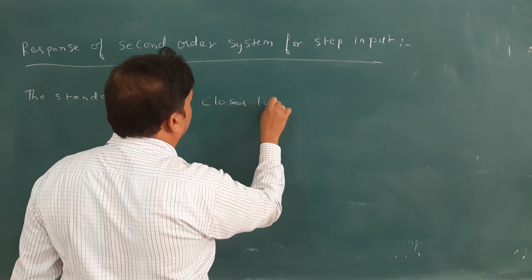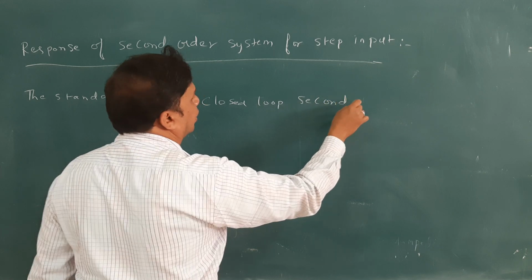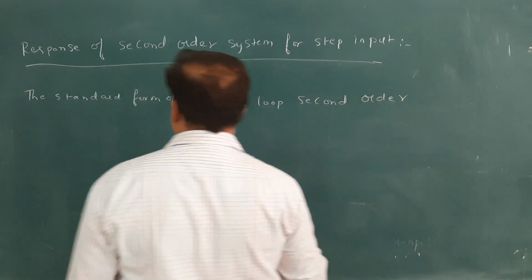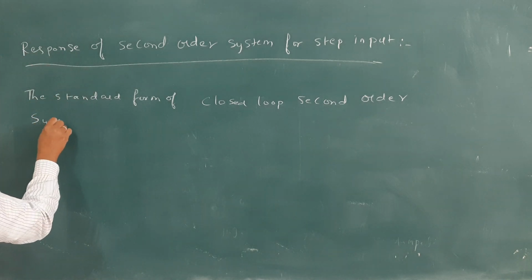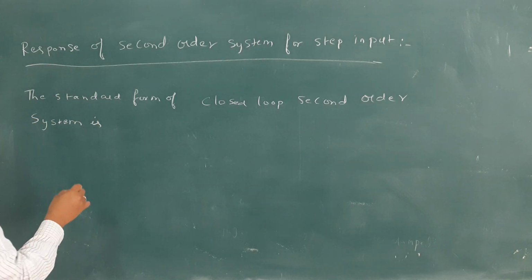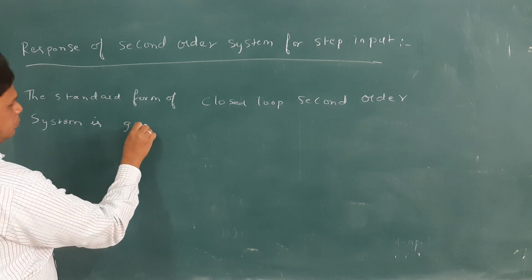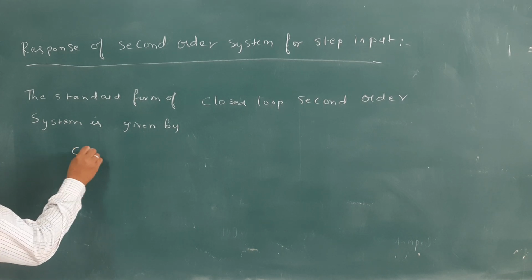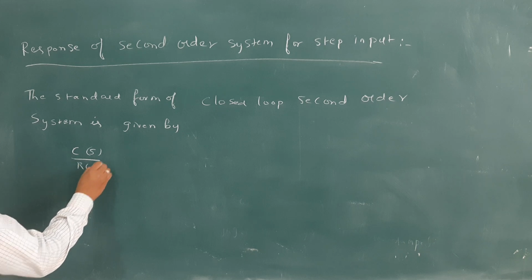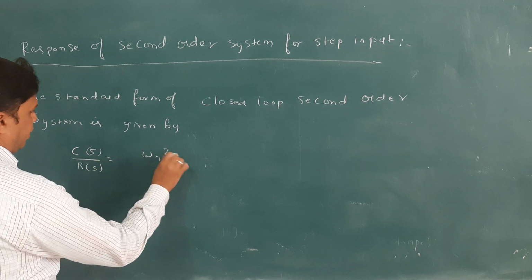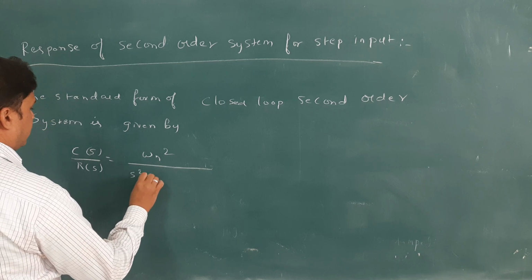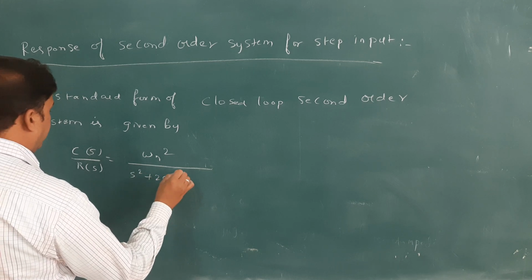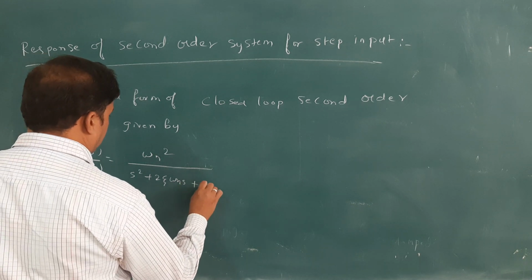The transfer function of the closed loop second order system is given by C of s by R of s is equal to omega n square divided by s square plus 2 zeta omega n s plus omega n square.